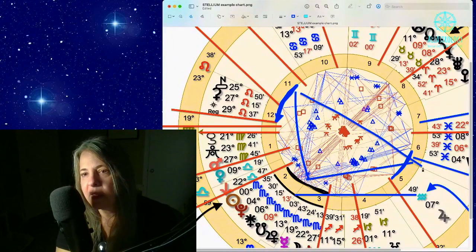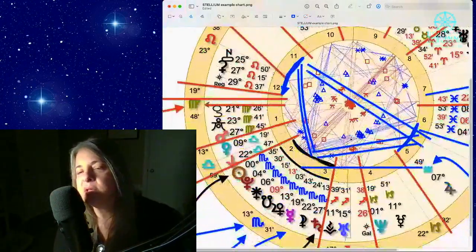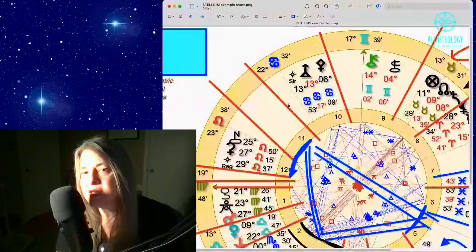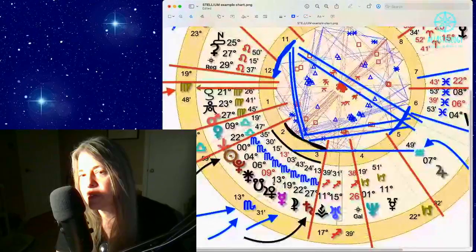And that can be quite tricky. So this person, yeah, that can be difficult to deal with because we're not even talking about the transiting planets up in the sky that would travel through Leo and create those squares 90 degrees away to all that Scorpio energy.